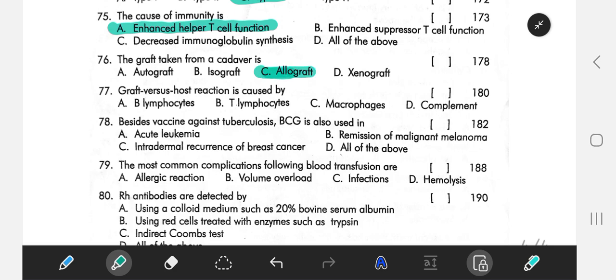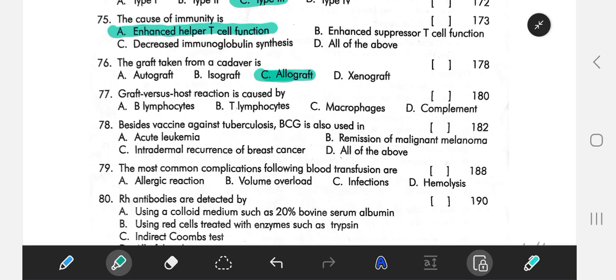77. Graft versus host reaction is caused by option A, B lymphocyte, B, T lymphocyte, C, macrophages, D, complement.